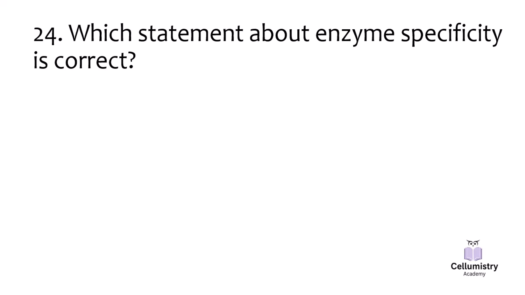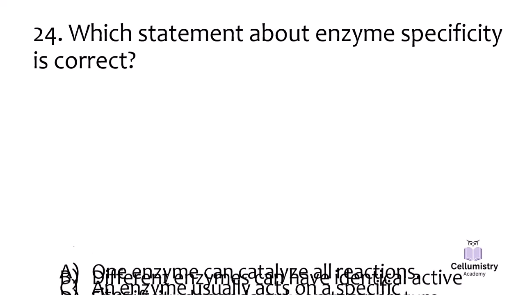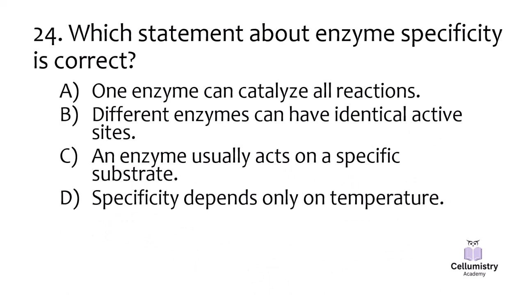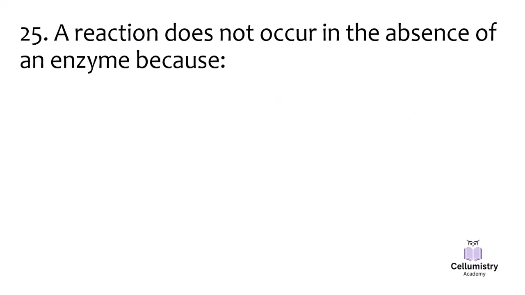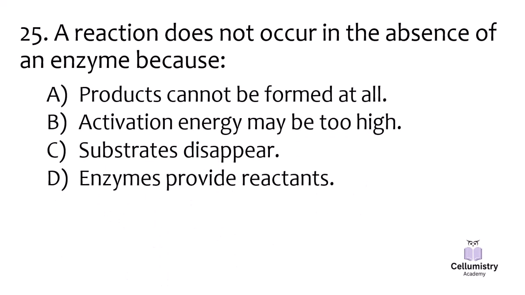Which statement about enzyme specificity is correct? Answer is C. An enzyme usually acts on a specific substrate. A reaction does not occur in the absence of an enzyme because... Answer is B. Activation energy may be too high.